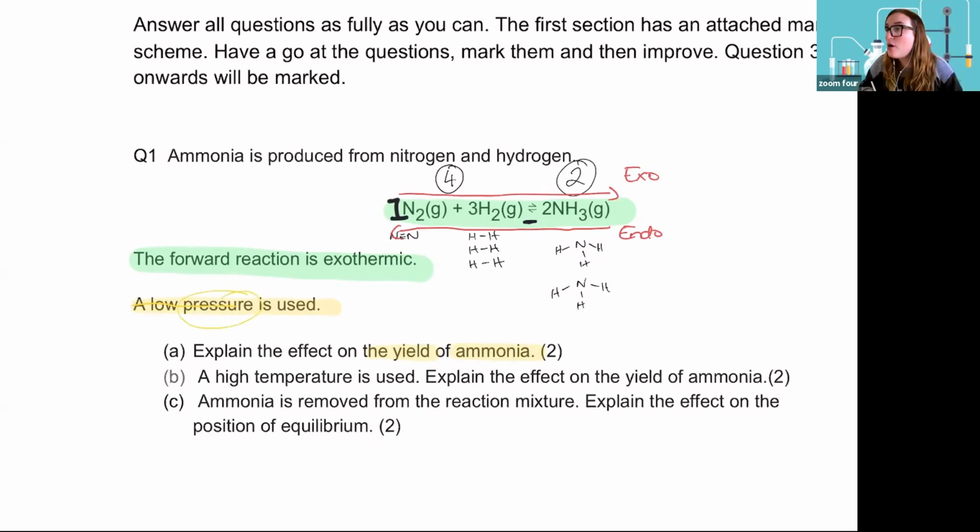And I know, because we've gone through it already, when I'm talking about pressure, I'm looking at the side with the fewest or most molecules. Now, you guys told me in the starter that when I increase the pressure, I go towards the side with the fewest molecules. Well, therefore, if I lower the pressure, I must be moving in the direction of the most molecules.